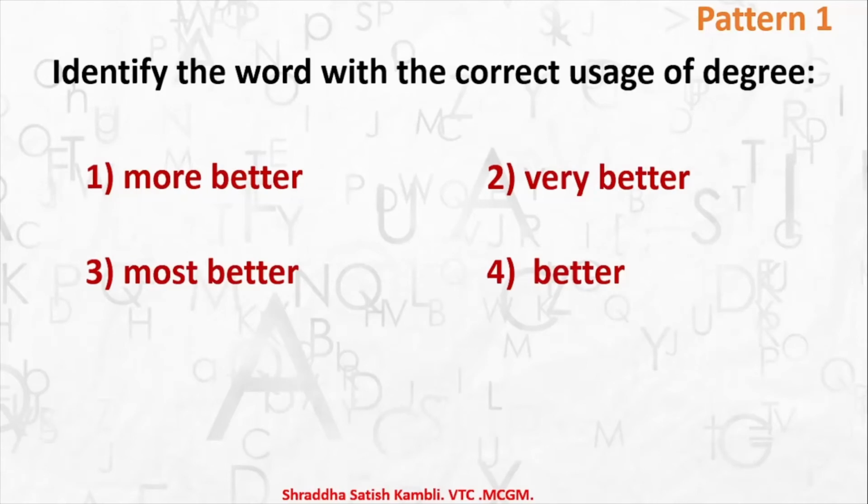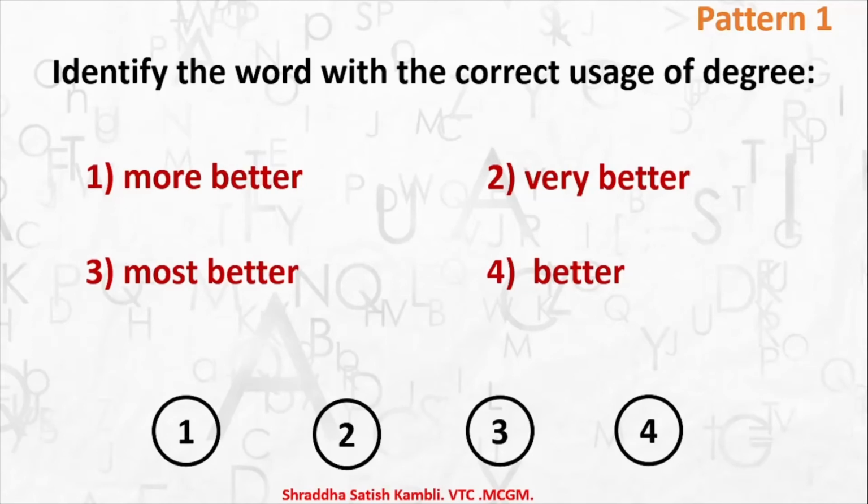So which is the correct degree? Is it 1, 2, 3 or 4? Which is the correct one? It is the last one, better. You never say more better, very better, most better. Okay, you say good, then you say better, and then you say best. So the word better is right. More better, very better, most better is wrong.